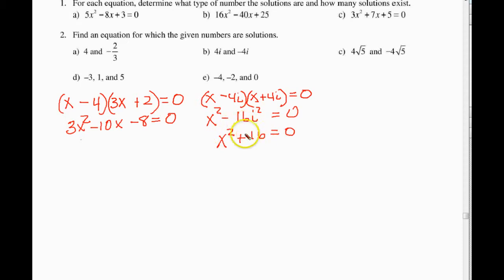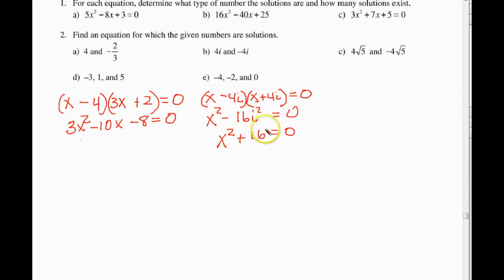Now, you should note here that in the past, we always said that you can't factor the sum of squares. You can only factor the difference of squares.